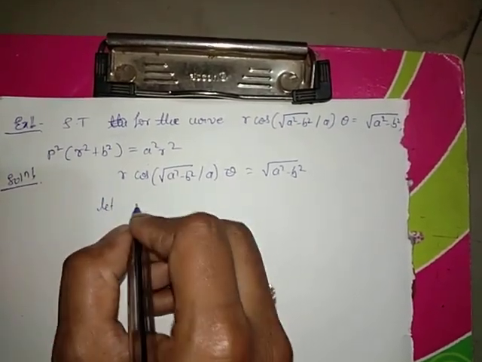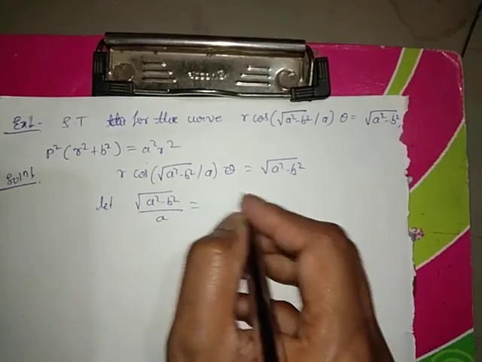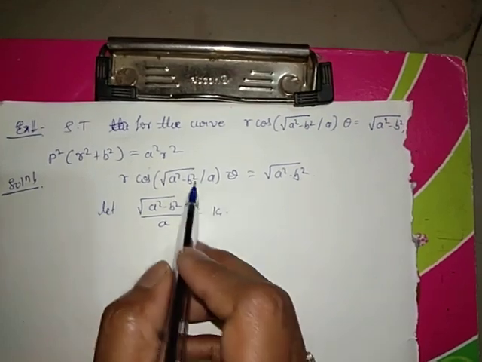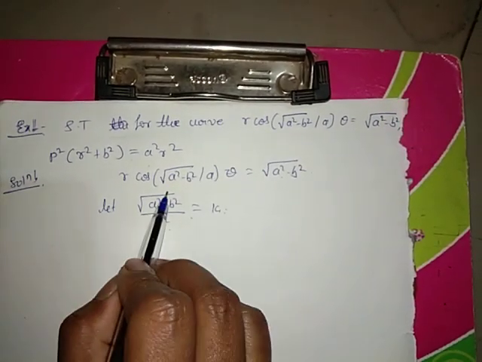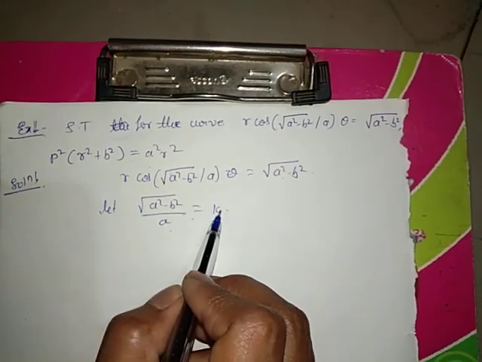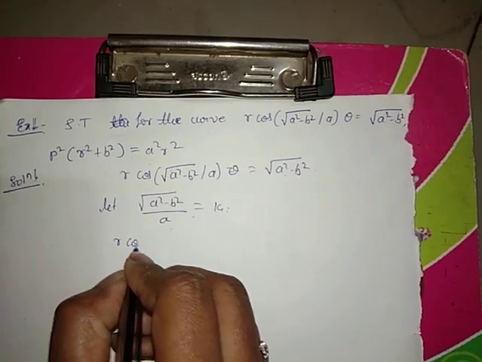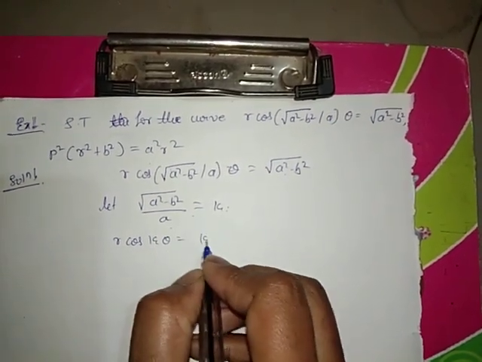Let us put square root of a square minus b square divided by a equal to k. Then square root of a square minus b square equals ak. So substitute this value, then the equation becomes r into cos of k theta equal to ka.